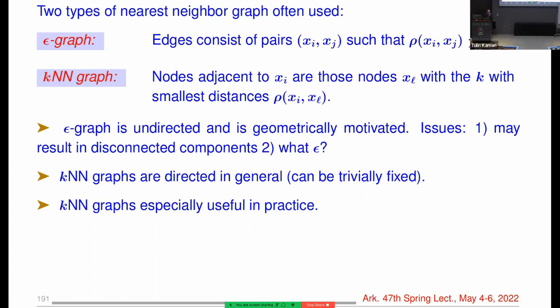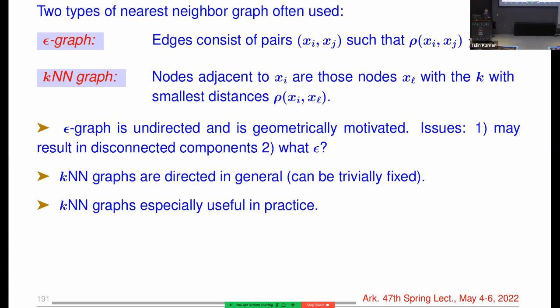So in the epsilon graph, you say that xi and xj are connected if the distance between xi and xj is less than a certain epsilon. Okay. The k-NN graph takes the k nearest neighbors.